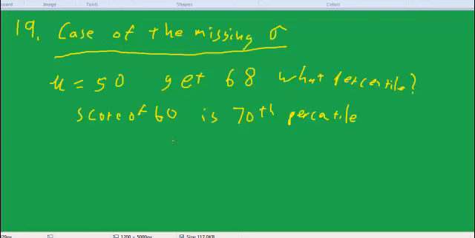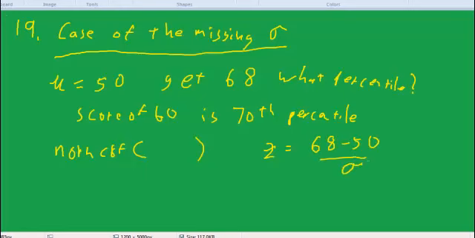Well, you want to do some kind of norm CDF. And you know that your z-score is equal to 68 minus 50 over sigma. But whoops, they didn't tell us what sigma was.